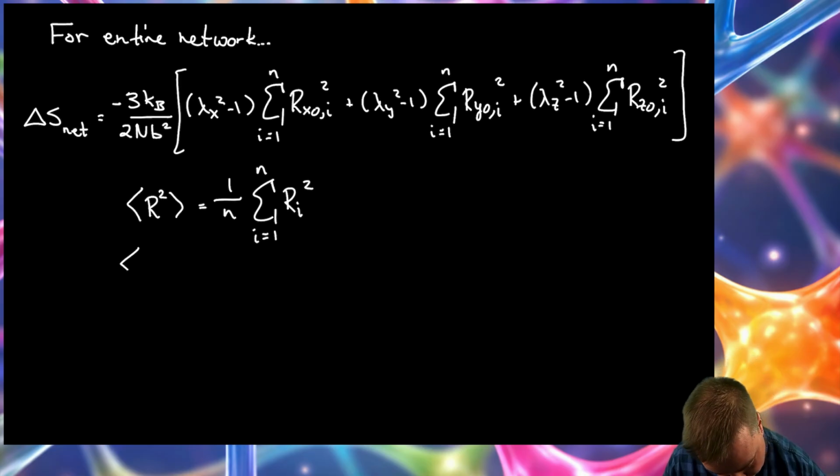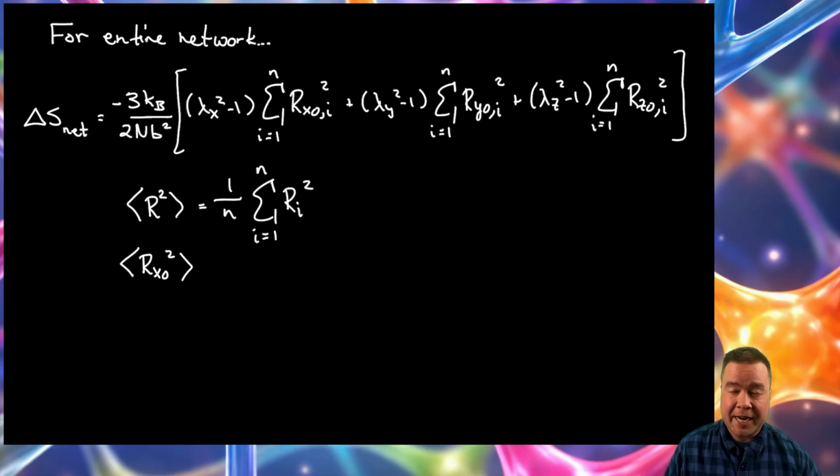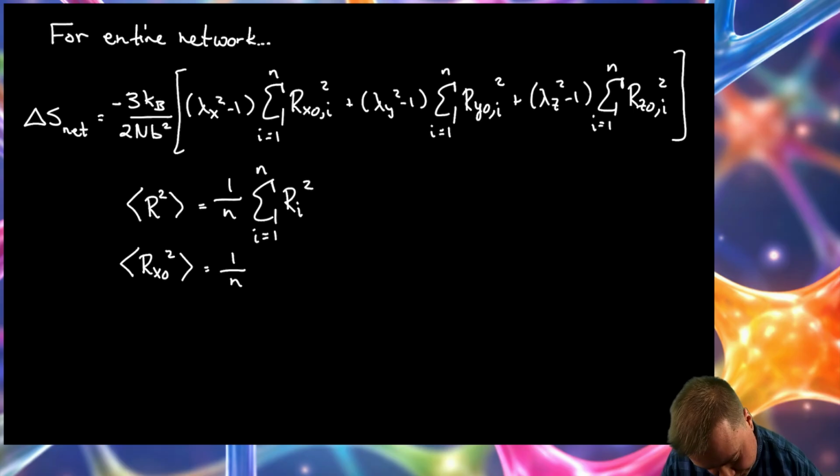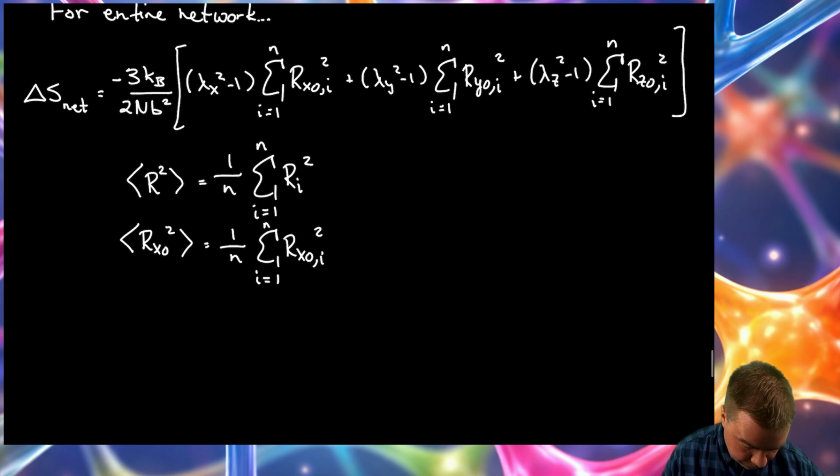Now, because the chains are isotropic, because the material is isotropic, we could also say that, for example, Rx0 squared, the mean squared size of the chain in the x direction, would be the average, right, of all of those values of Rx0. Same thing for y, right?